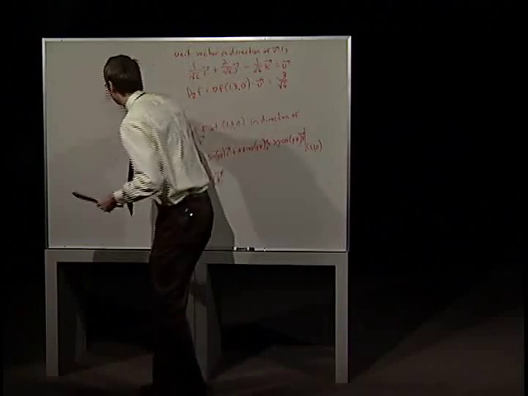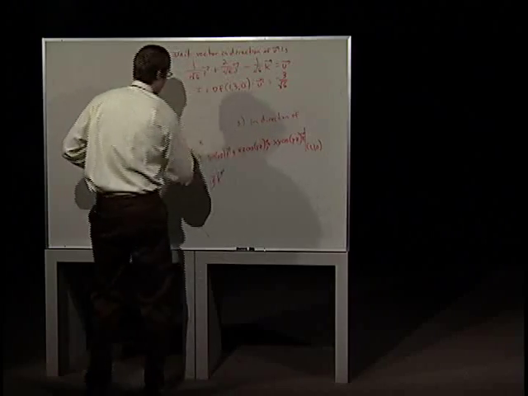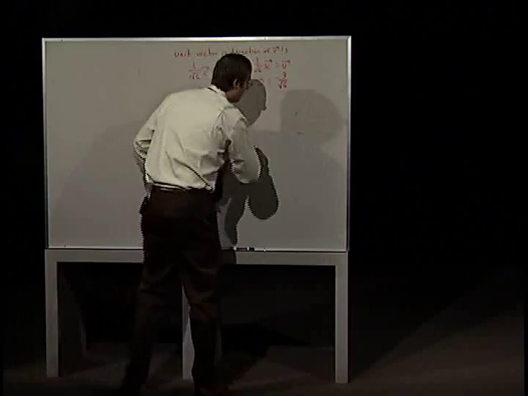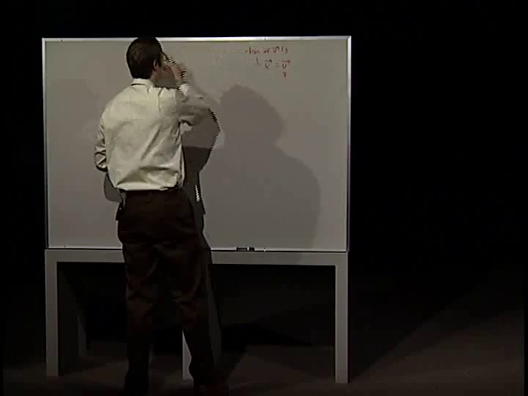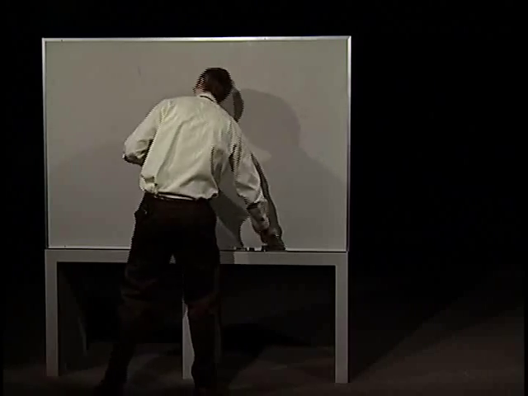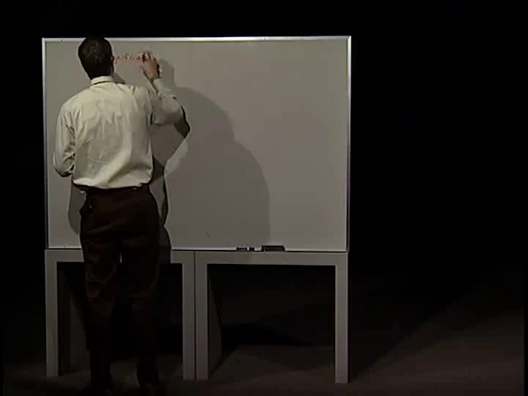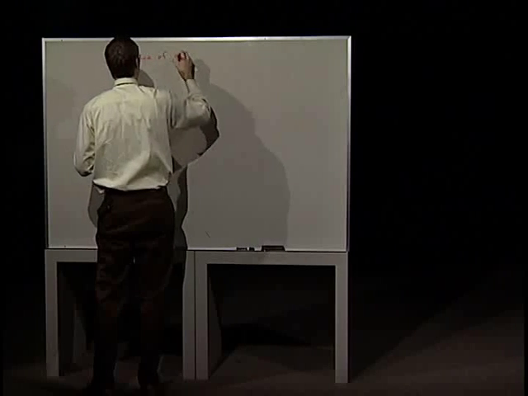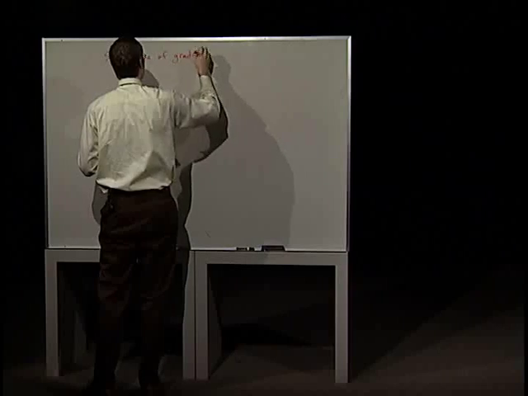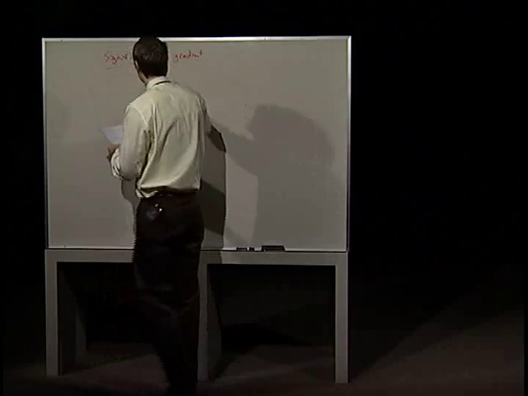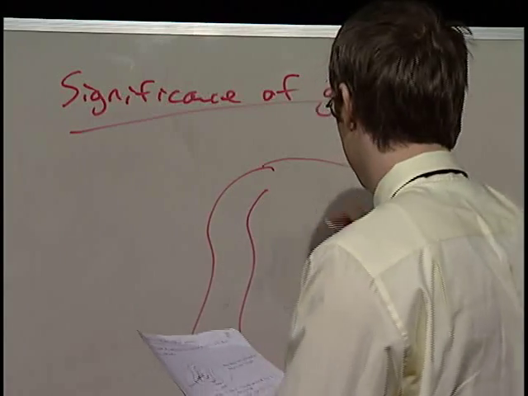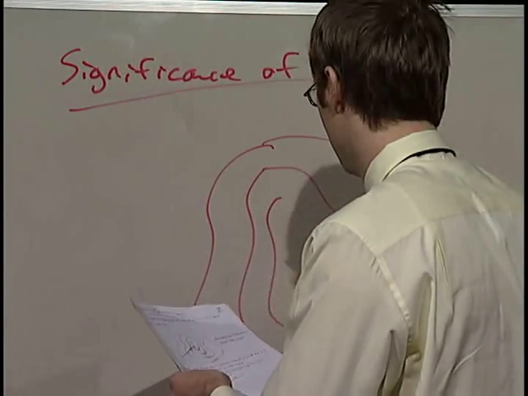So it's important to see, I mentioned earlier with the mountain example, let me draw a picture up here that kind of reiterates that. So the significance of the gradient. And why is it important to us? Well, here's a topographical map of, say, a hill.